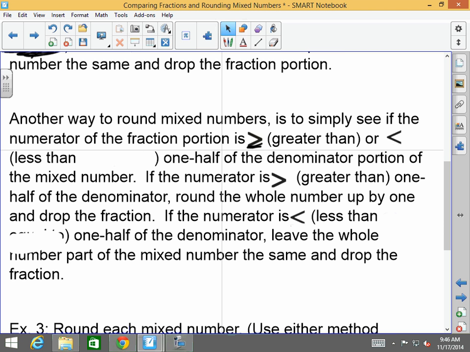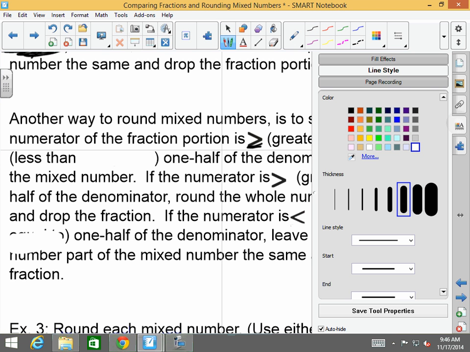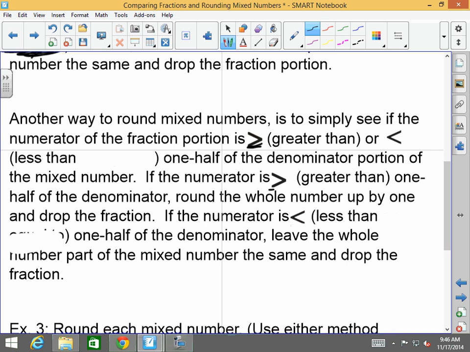If the numerator is greater than or equal to 1/2 of the denominator, round the whole number up by 1 and drop the fraction. If the numerator is less than 1/2 of the denominator, leave the whole number part of the mixed number the same and drop the fraction.